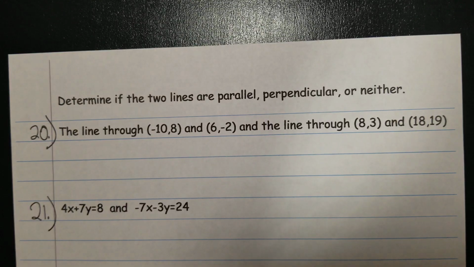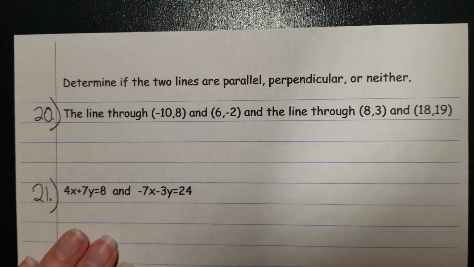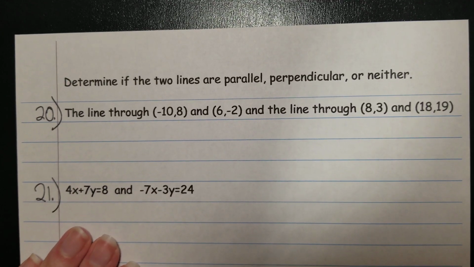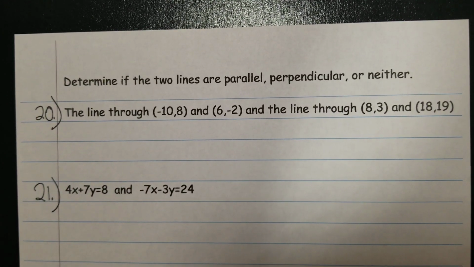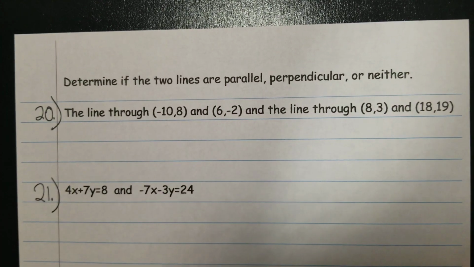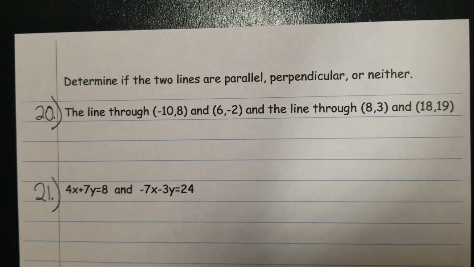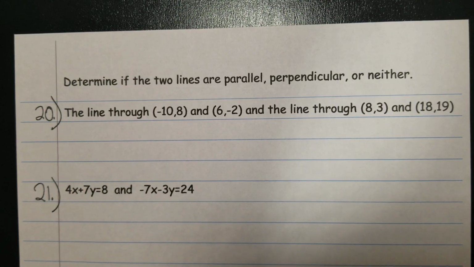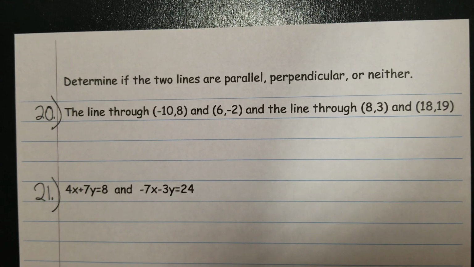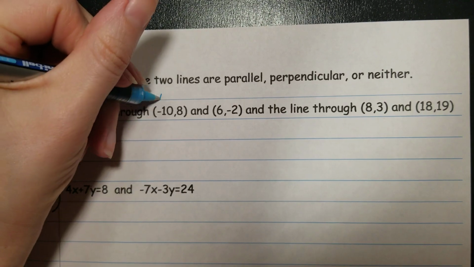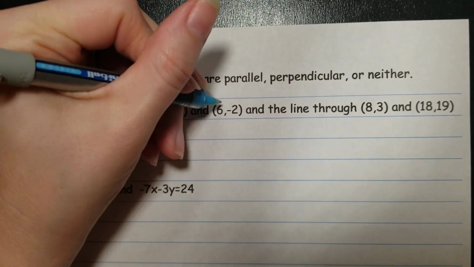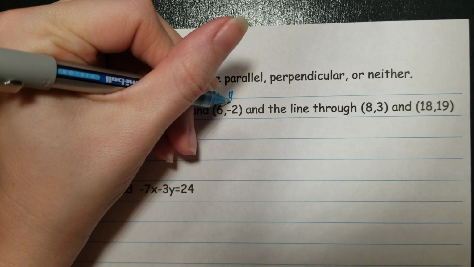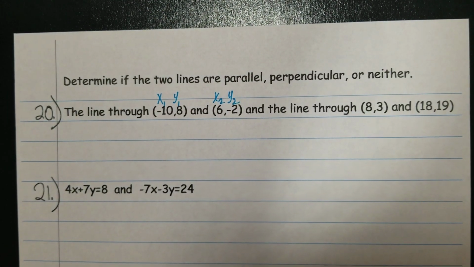Next we will determine if the two lines are parallel, perpendicular, or neither. So we have a line through these 2 points and a line through those 2 points. So we're going to have to use the slope formula on each one and then determine from there. So x1, y1, x2, y2.